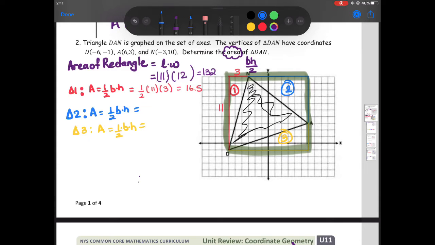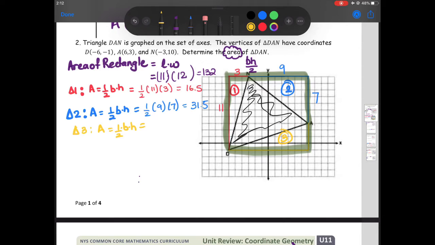The next one, what is my length across? It is 9 and this is 7. You can just count the boxes. All I'm doing is counting the boxes. So let's put it in: 1/2 times 9 times 7, which is 63 over 2, which is 31.5. And the last one is 1/2. What is this length?